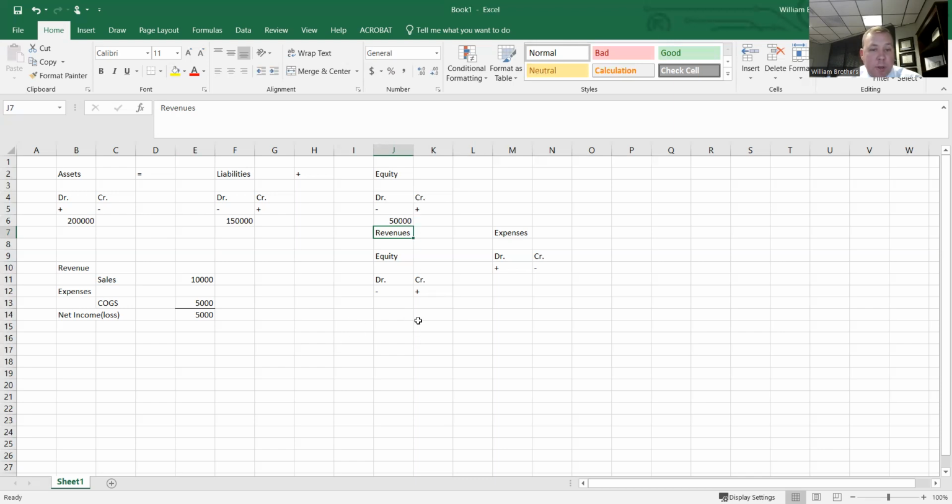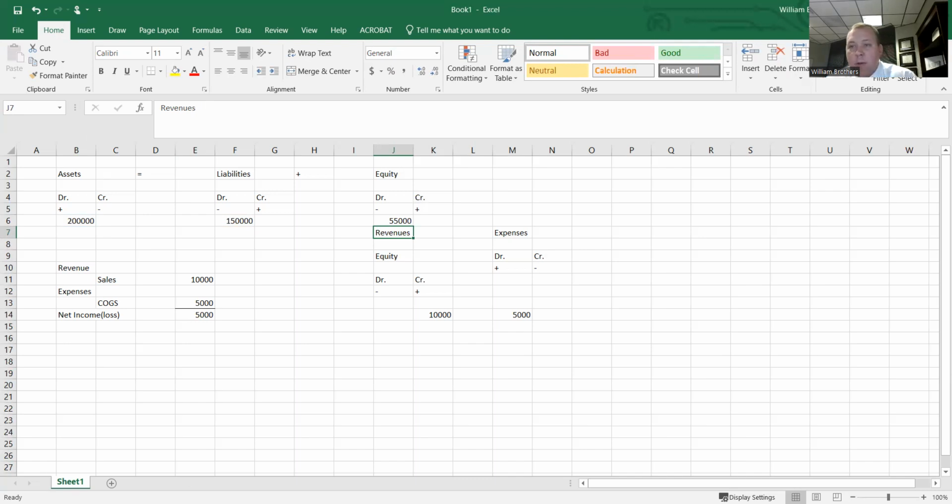In this situation, if I had revenues of 10,000 and I need to put it on the right side, I suppose, 10,000, and I had expenses sitting over here at 5,000, I know the net difference between these two items is $5,000 in my favor. What that's going to do eventually is it's going to cause this number to jump to 55,000. Because I'm recognizing income, I'm recognizing revenue.